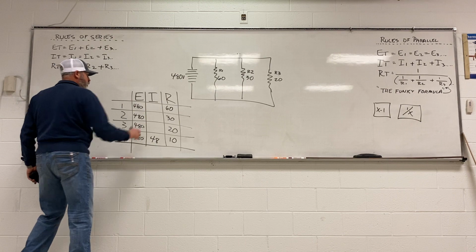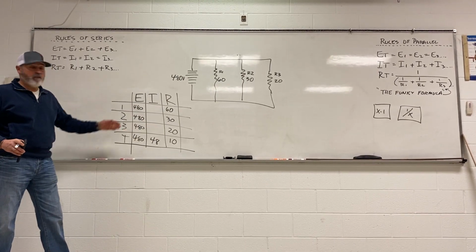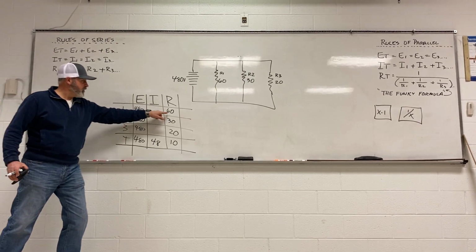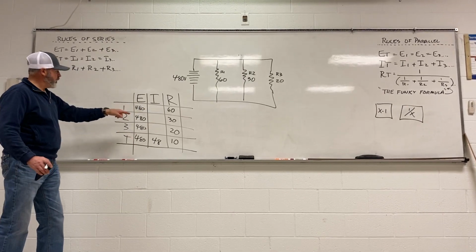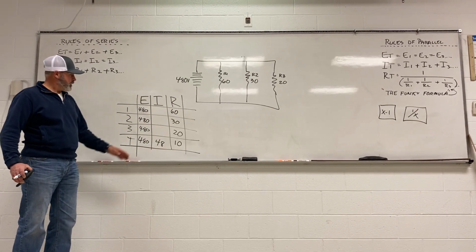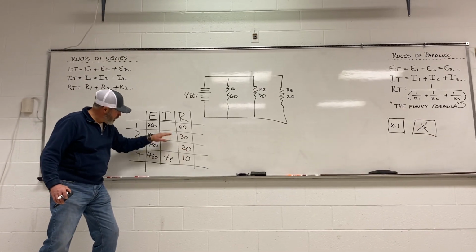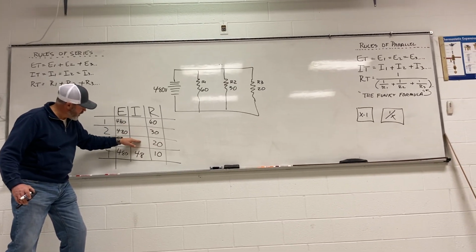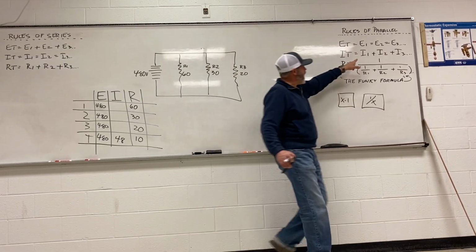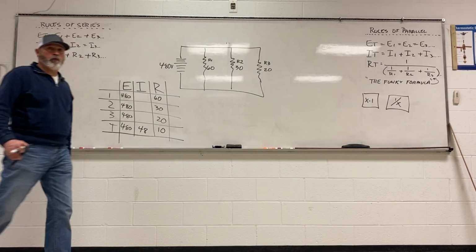Now actually I would have known 2 of the 3 of all 3 loads, so I could have went 480 divided by 60, 480 divided by 30, 480 divided by 20, put those values in here, and then I could have added them up, and it should equal 48.